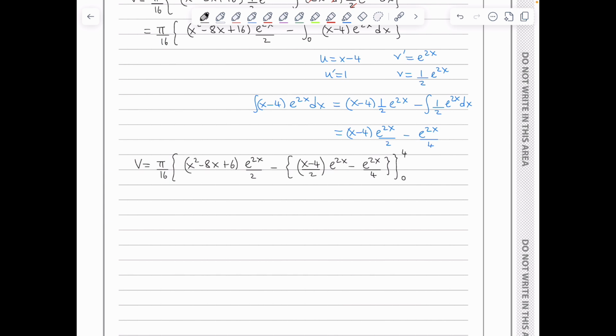So I have substituted here the result from the second integration by parts.